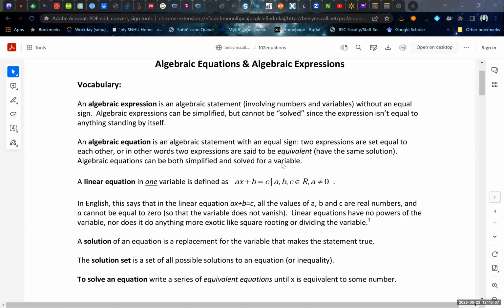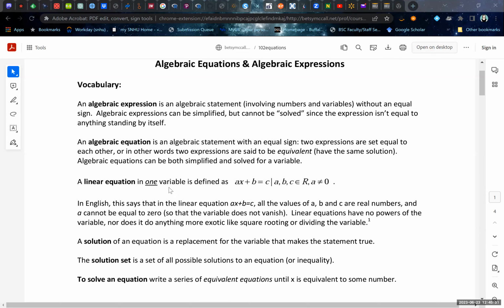And you can manipulate them both by simplification processes that we use in an algebraic expression, but also some techniques that are specific to equations to get equivalent equations, equivalent statements that have the same solution. And the idea is to get it as simple as possible, where you get x equals something if possible.